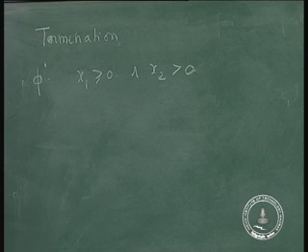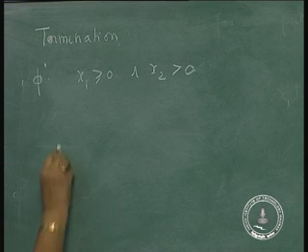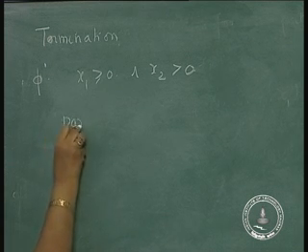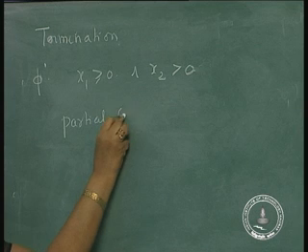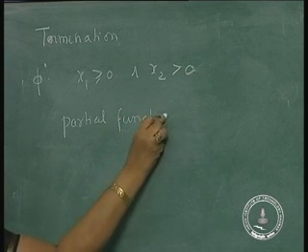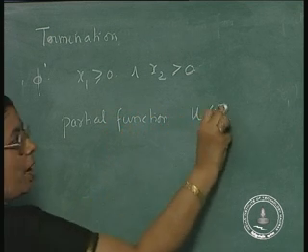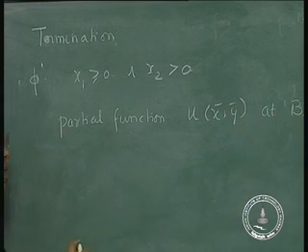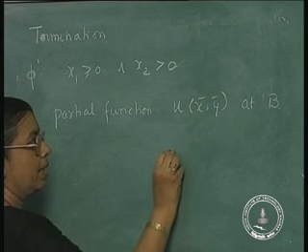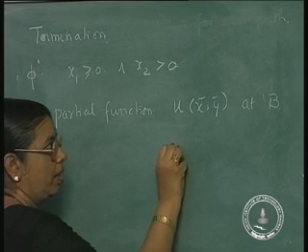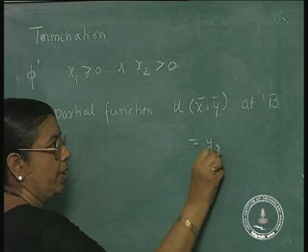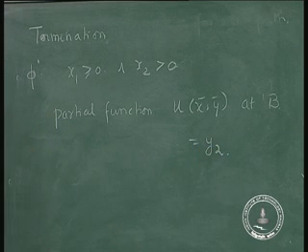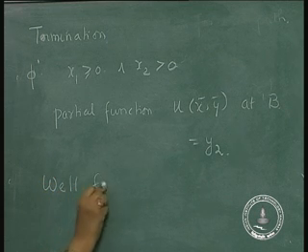What you do here is you attach a partial function u(x, y) at the point B, and in this case the function is just y2 here, and y2 should take values from a well founded set.